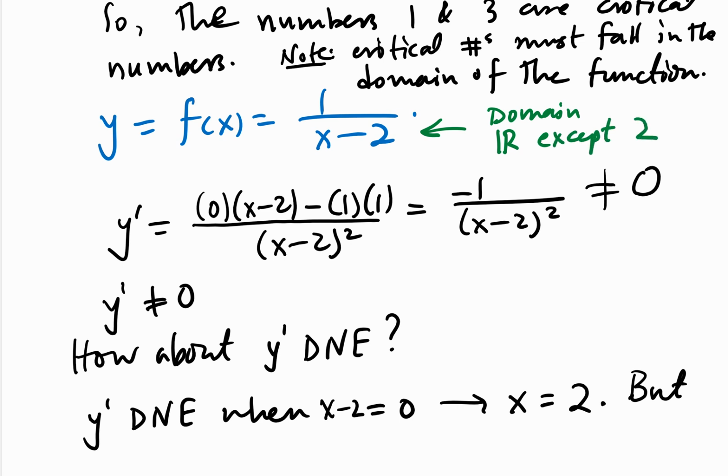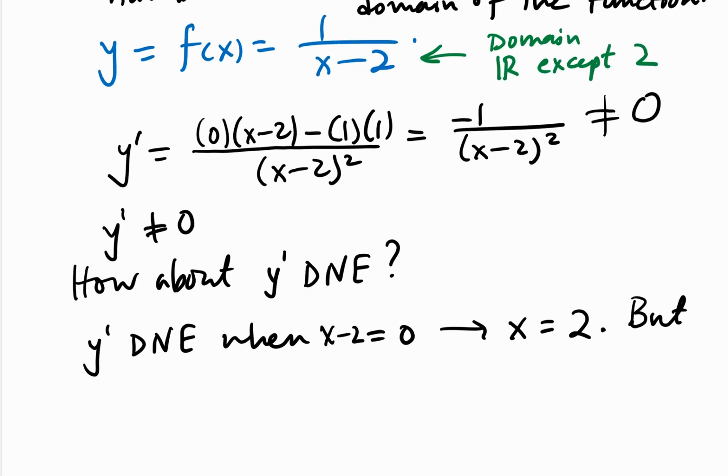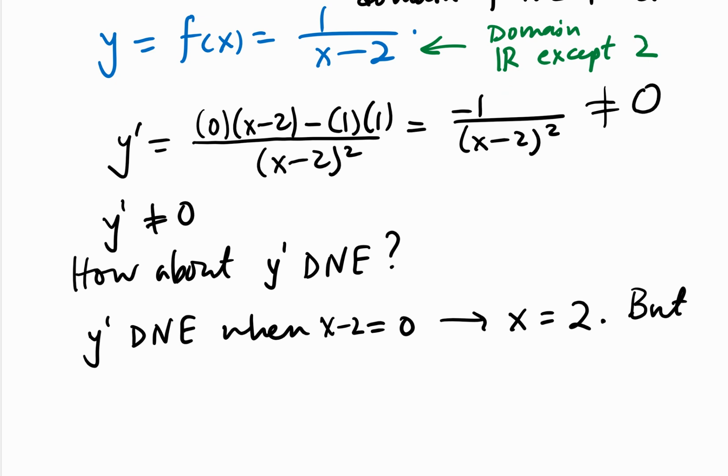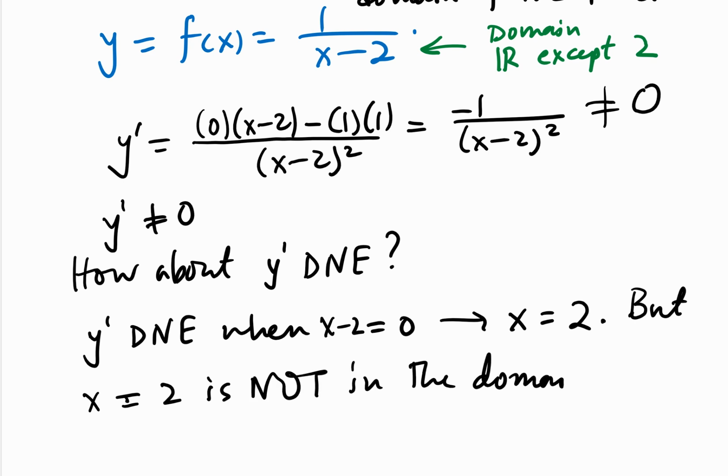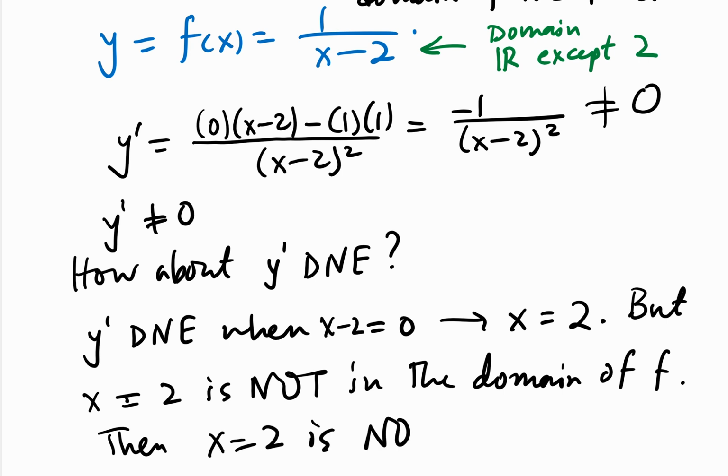And since I got x equals 2 when the derivative does not exist, but x equals 2 is not in the domain of the given function, domain of f, then we can say x equal to 2 is not a critical number because it's not in the domain.